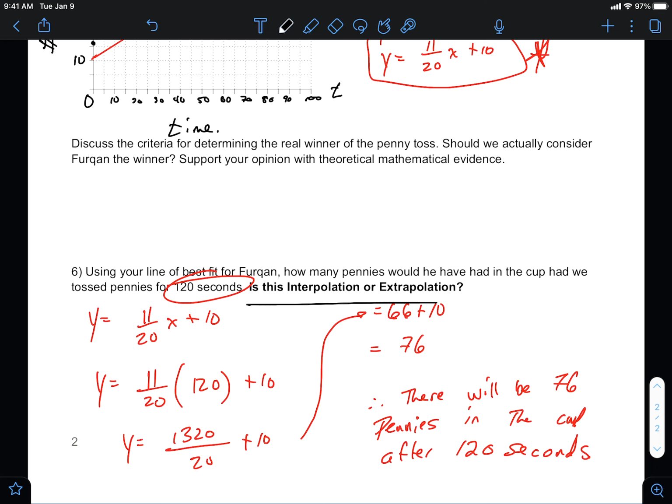So it's extra, so it's extrapolation. Everybody happy? Okay, we'll talk about this last one.